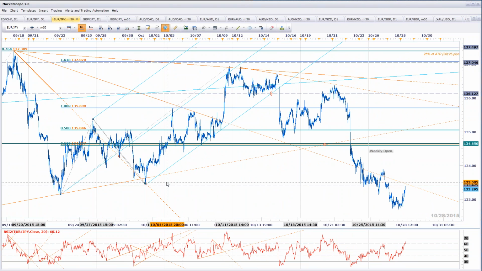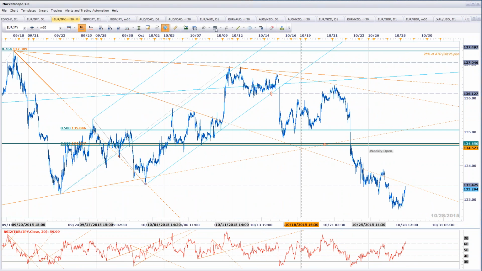Okay, this extension has been broken to the downside as far as a reference point, so that's null and void. We'll get rid of that. Let's see if there's any meaningful ratios off the high.